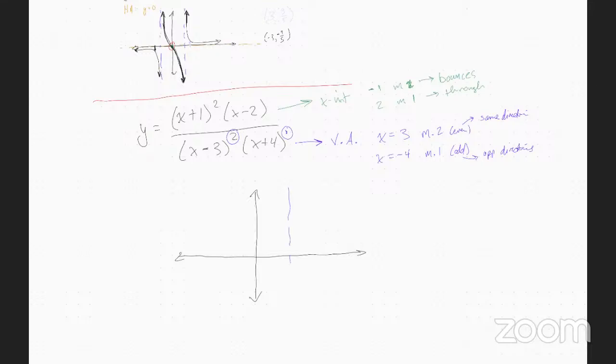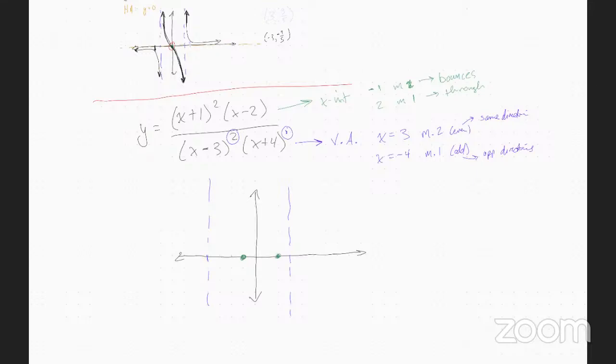And my zeros would be at -1, where it's going to bounce, and at 2, where it's going to go through.